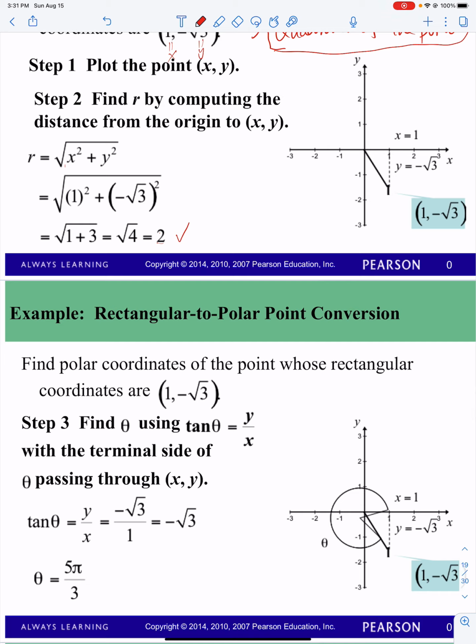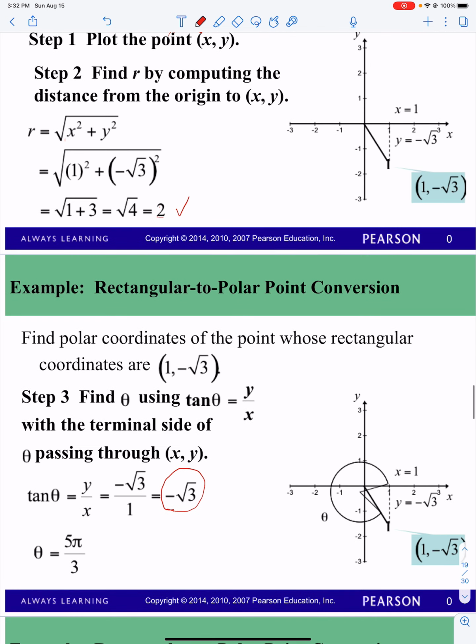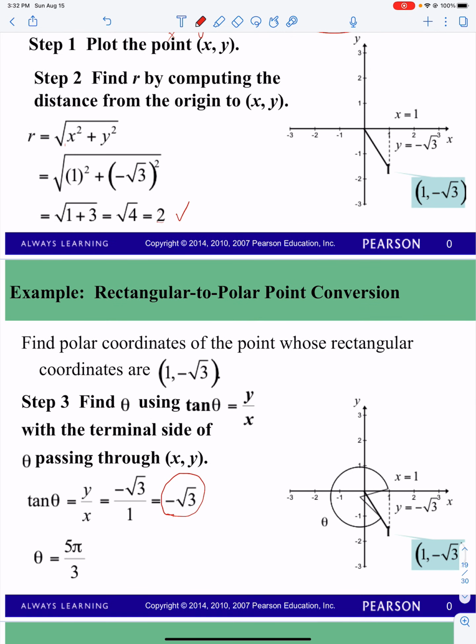So tangent theta equals y over x, which is negative square root of 3. But how could you know that theta equals 5 pi over 3? Because tangent is negative, which quadrant could it be?